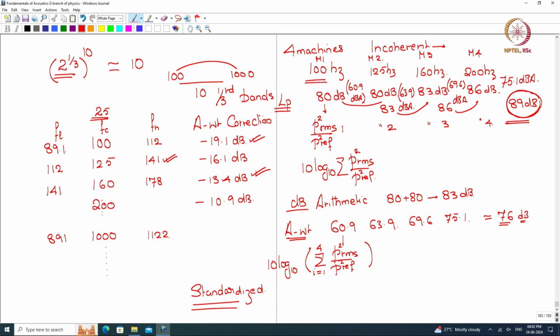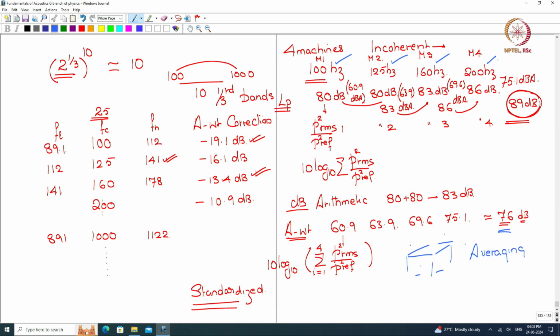Now just mind this, that this is as though each machine has been turned on. The 100 hertz machine was there, we turned on the 125, we turned on the 160, we turned on the 200 and so forth. So therefore we are adding it. But if it was the same machine and there were 4 locations, then that is an averaging process.